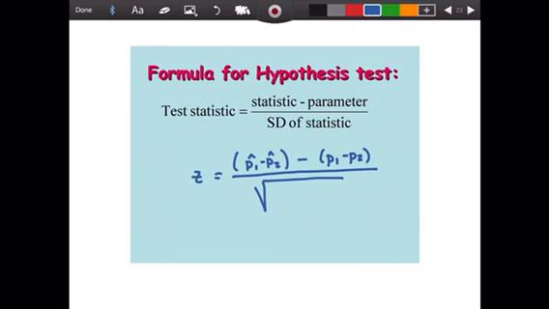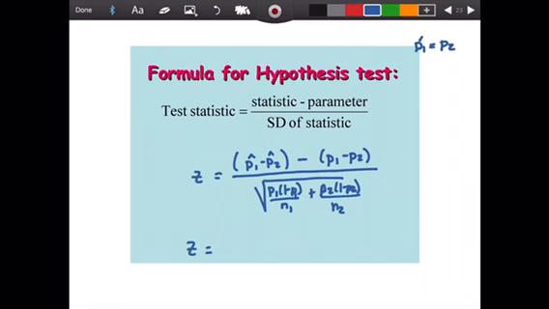So we said here we're assuming p1 is equal to p2. So we could say p1, 1 minus p1 over n1, p2, 1 minus p2 over n2.